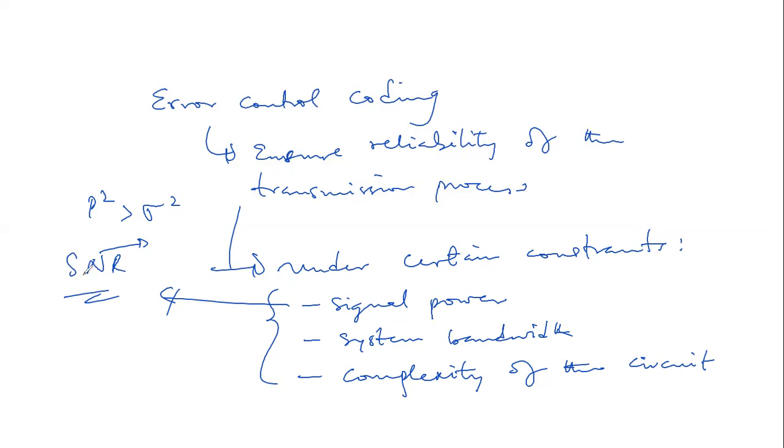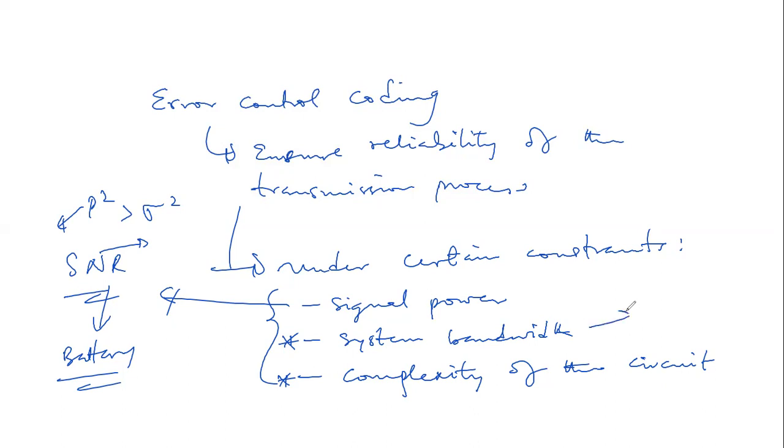We'll have to sacrifice bandwidth and also the complexity of the circuit to achieve this. Also, should we transmit at a very high power, we'll have to consider the battery lifespan of our devices because they will drain faster than necessary. So we want to transmit at low power. It's just a trade-off.